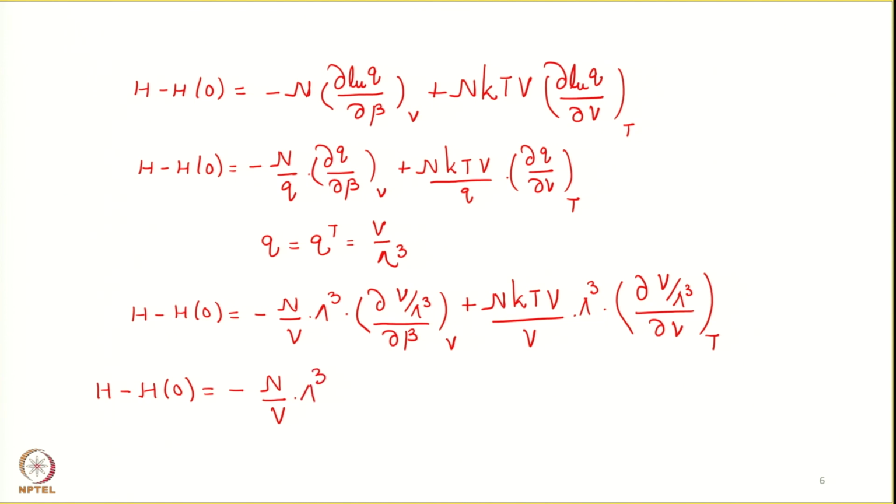Volume is constant, so I can take volume out, and then inside I have del beta of 1 by lambda cube at constant volume, plus V and V cancel, nkT, of course I have lambda cube, and since temperature is constant, this lambda cube comes out, and del V also cancel. Here also this lambda cube and lambda cube will cancel out.